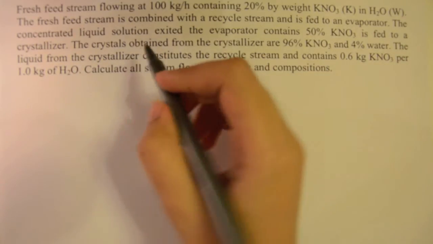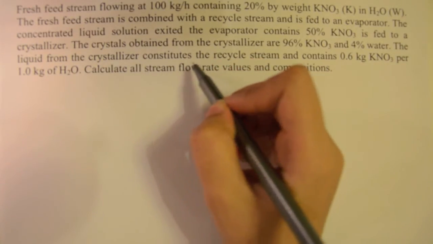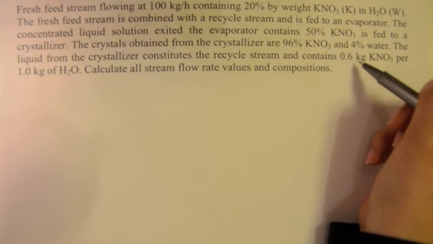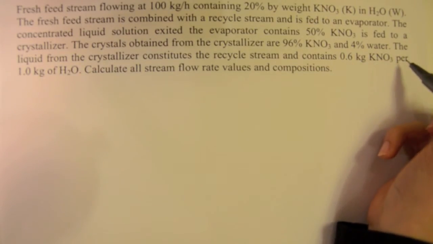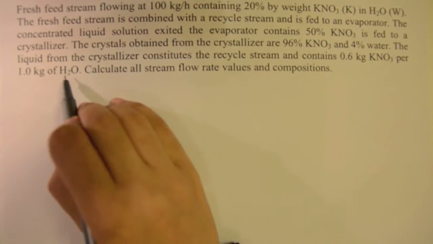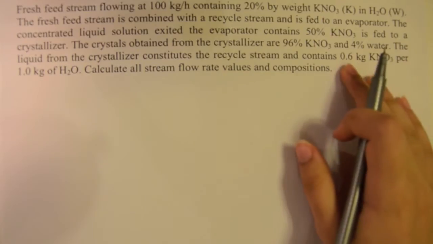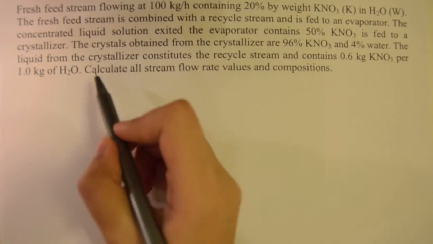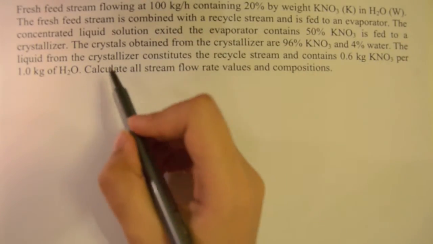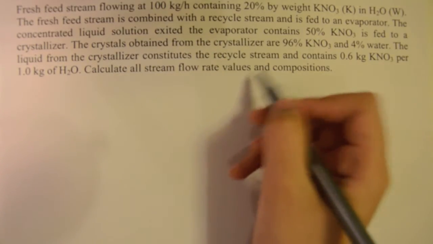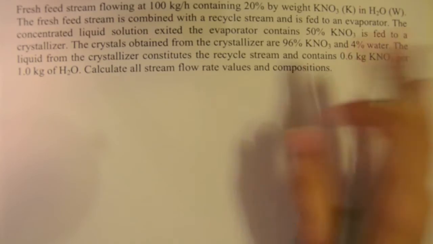The liquid from the crystallizer constitutes the recycled stream and contains 0.6 kilogram KNO3 per 1 kilogram of H2O. So we can conclude here that there is a relation. What they want from us is calculating all stream flow rate values and compositions.